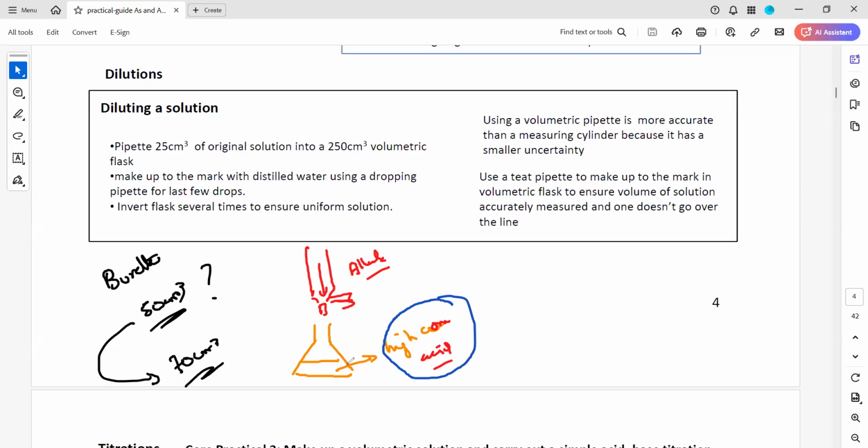So we don't do the titration with high concentration solutions. First we use a dilution factor. How do we dilute them? The same technique is used. We use a volumetric flask. Let's say we pipette out only 25 cm cube of the original solution.